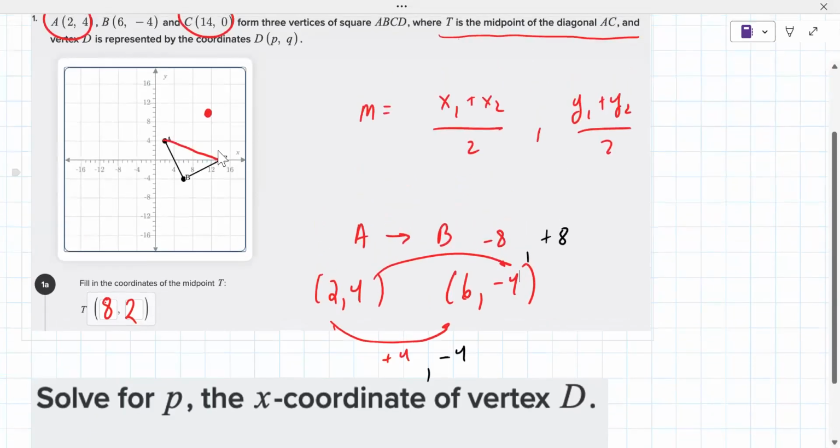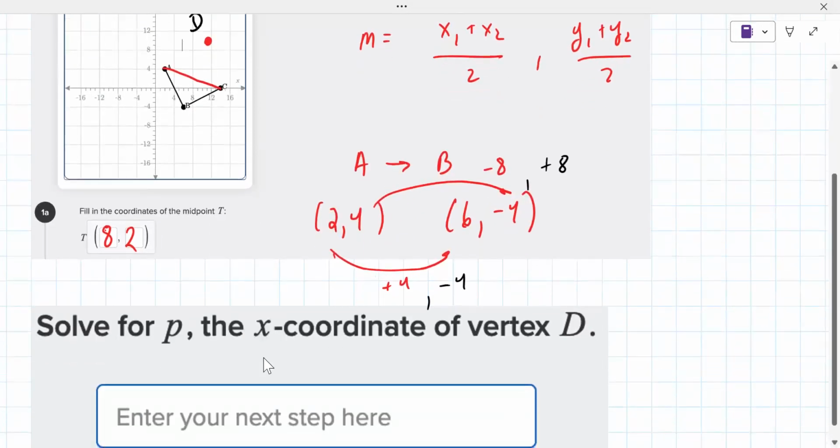So you go from C to D. D is up here. You're going to go -4, +8. They just want the X coordinate here. And then the next one's going to want the Y coordinate. So see if you can figure those out and let me know if you have any questions.